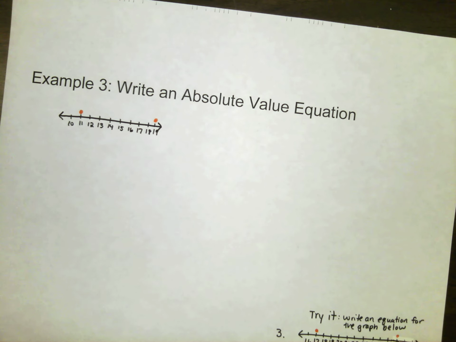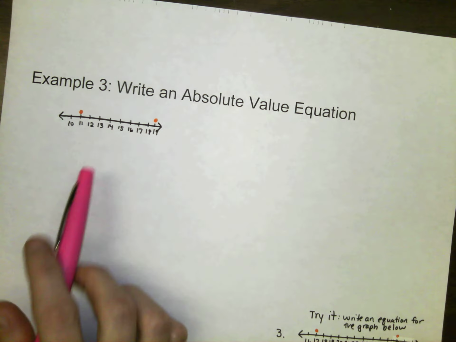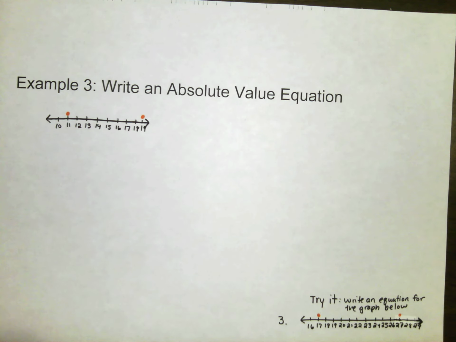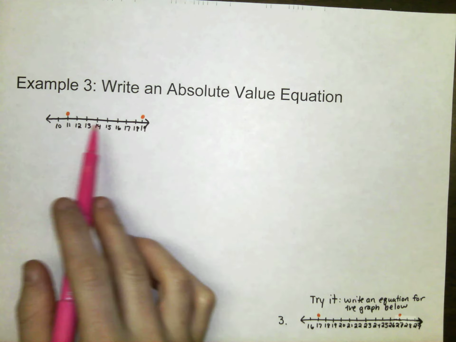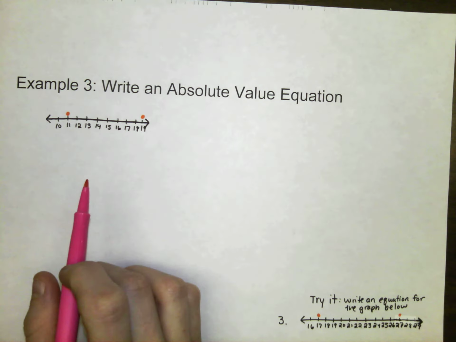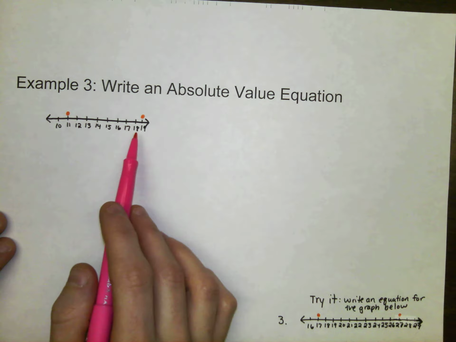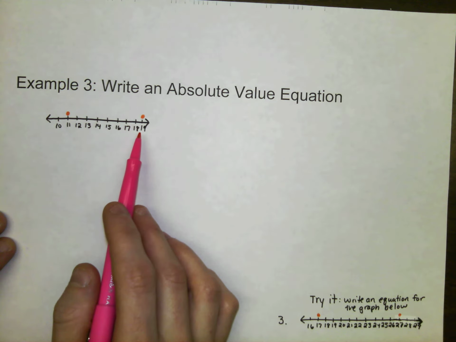Okay, the third example we have is, what if they gave you this number line, or they gave you the solutions? Could you then write an absolute value equation? So the way you go about doing this is, here we have our points. We need to find the point that is the same distance from the 11 and the 19.